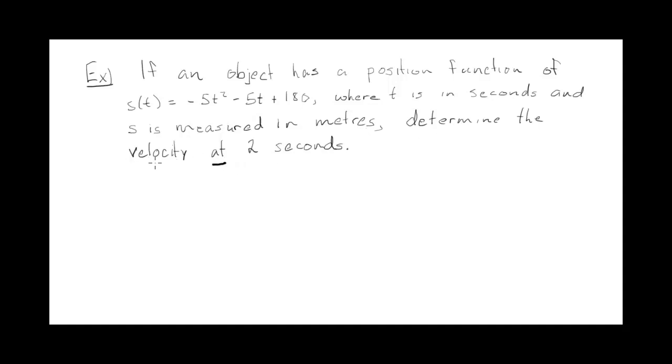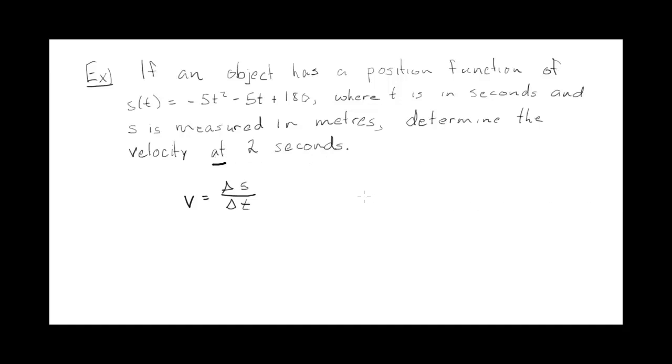So here we're still doing velocity. It's not height, it's position, but again, velocity is equal to the change in position instead of height over the change in time. But this is not an average question, it's an instantaneous velocity question, because we're talking about it at a specific time and not over an interval.